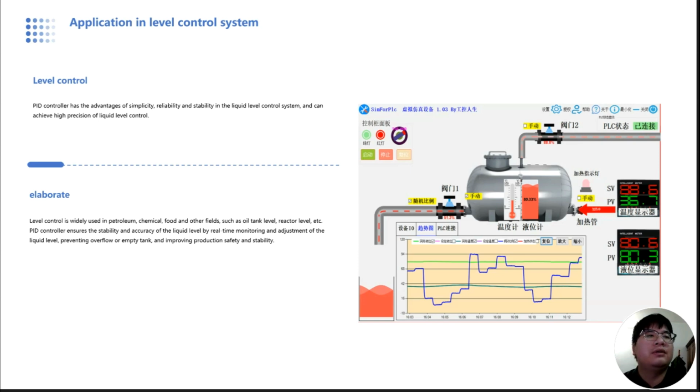If the liquid level is low, increase the opening of the inlet valve. If it's approaching the target, slow down the valve opening to prevent water from overflowing. This simple and reliable control method ensures the safety and stability of production.